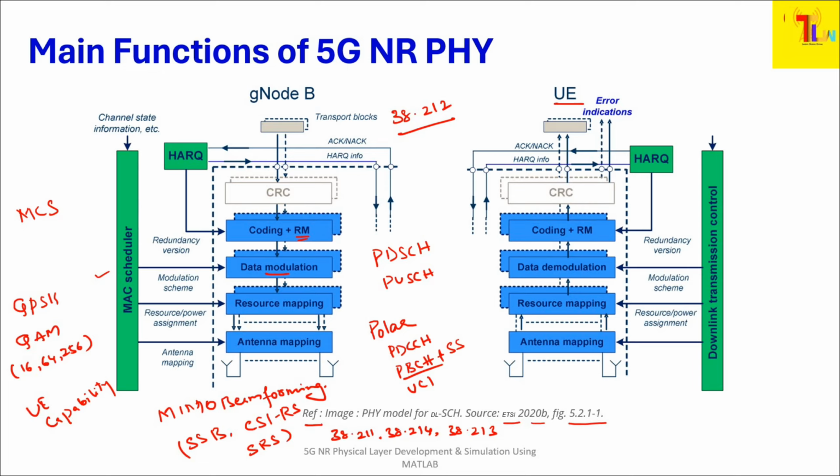Similarly, with resource mapping, the layer outputs are mapped into the resource elements within the physical resource block, what we call a PRB, or the OFDM symbols, and the control regions, that is using the PDCCH, live in the configured CORESET.